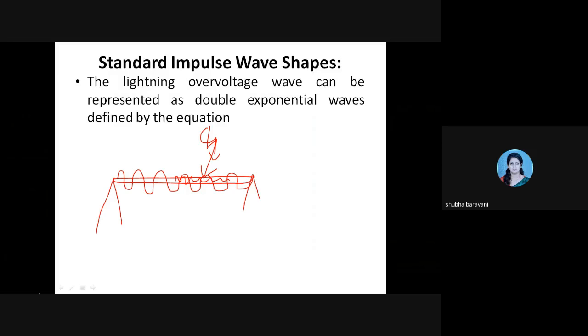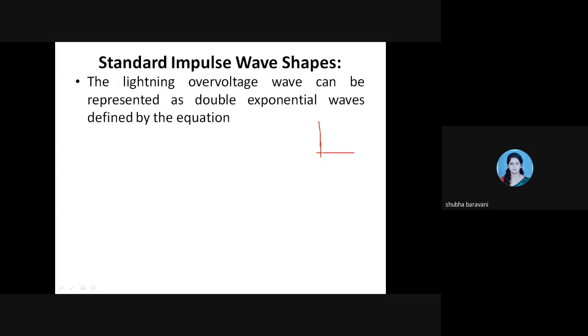Now an experimental study was done to understand what would be the probable shape of this surge which is generated due to either lightning or continuous switching of load. In that it was seen that it is having a certain wave shape, like this, where it had a front portion and a tail portion.